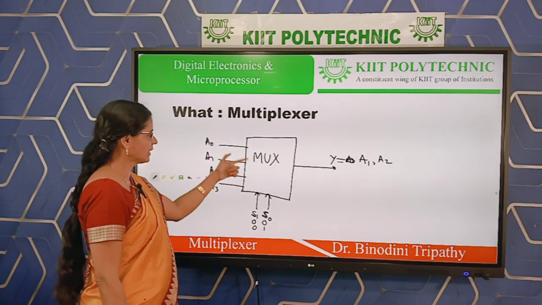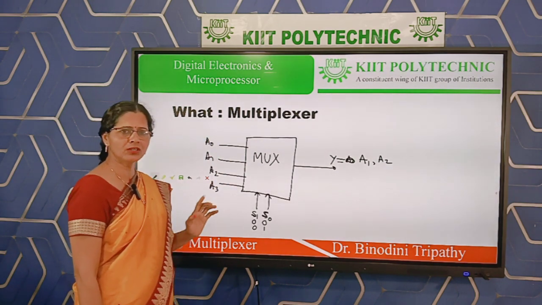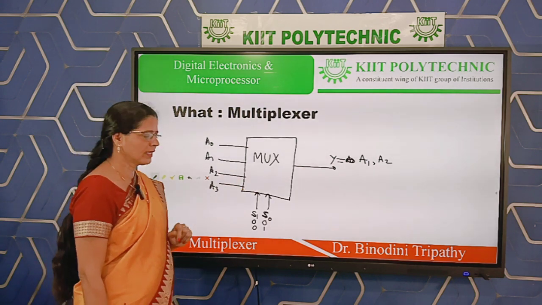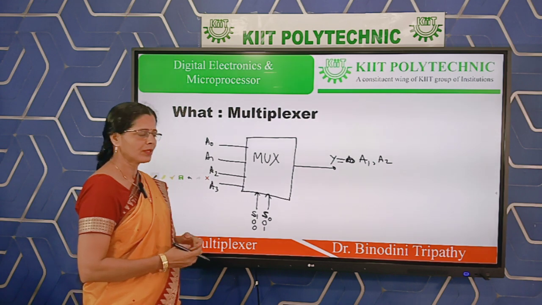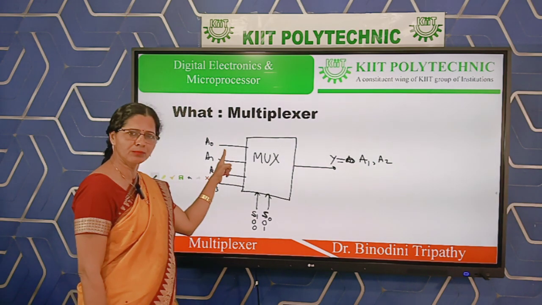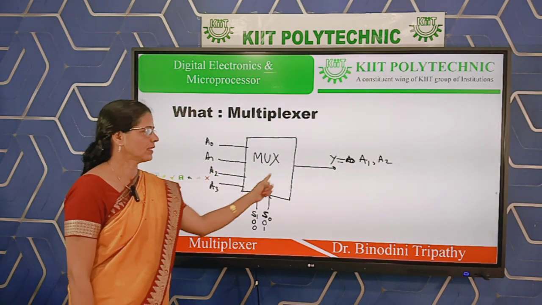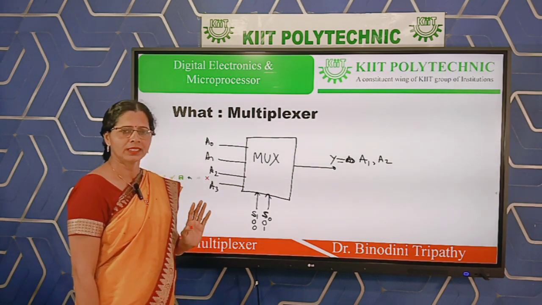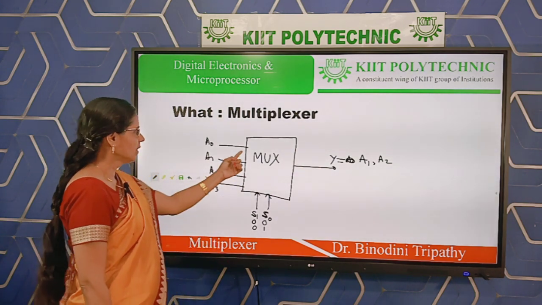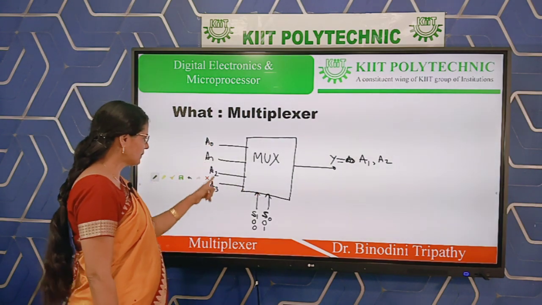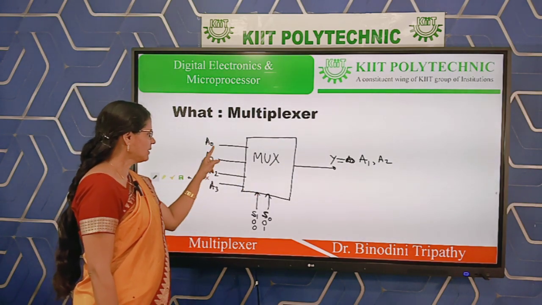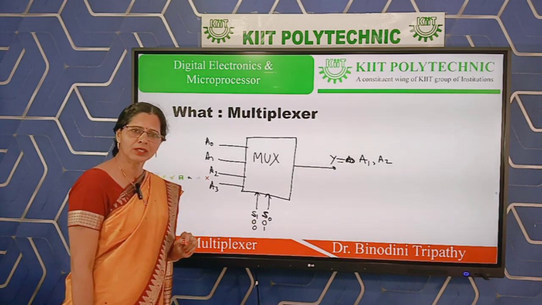While starting with what a multiplexer is, the first point you can write is: this is a combinational circuit which can select any one input out of many and route it to the output. Then the second point, you can write an example, any arbitrary example with some arbitrary inputs, and some selection inputs are required.